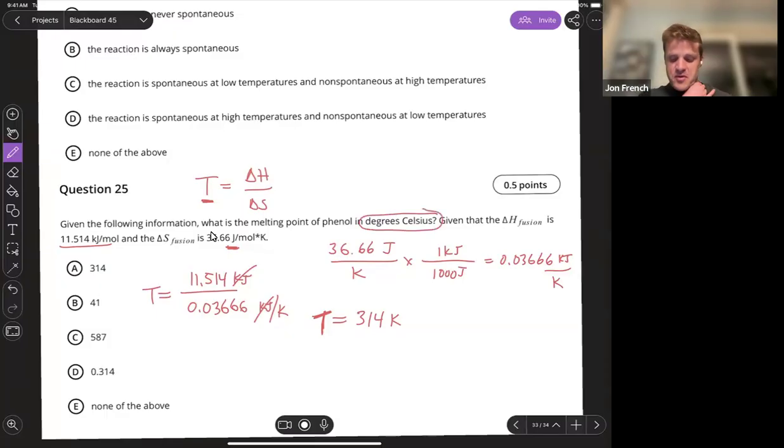That is there, but we are looking for the temperature in degrees Celsius. So degrees Celsius equals Kelvin minus 273. So 314 minus 273.